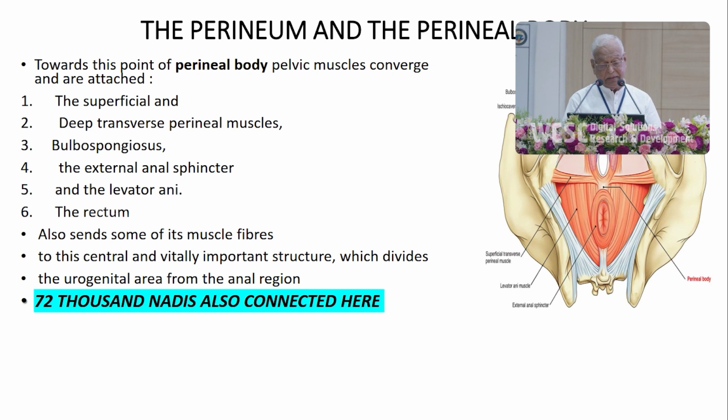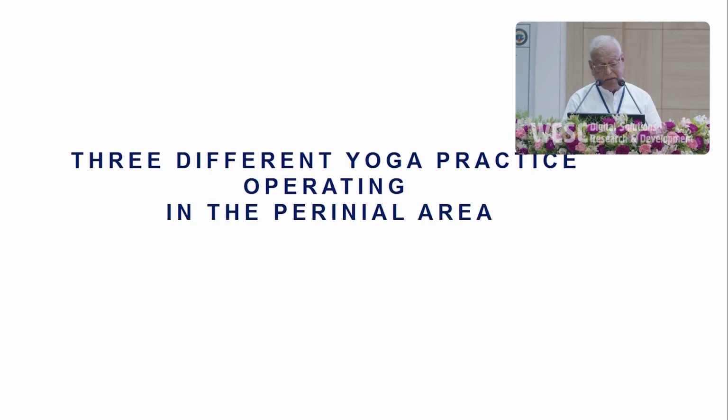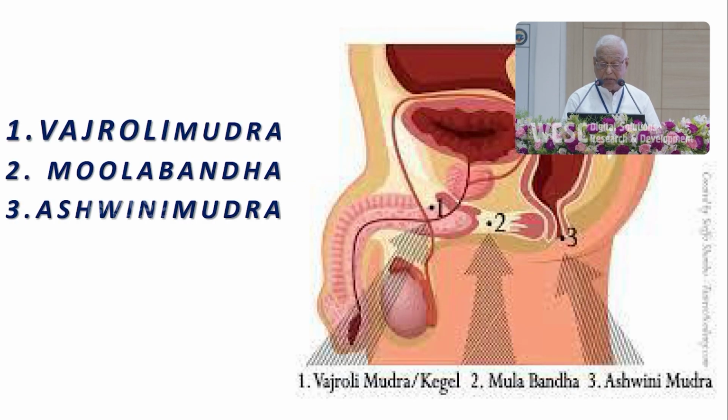In this Kundi we have three openings: the urethral opening, the vaginal opening and the anal opening. There are three yogic practices. One is Vajroli Mudra. In the middle, where the vaginal opening is, it is connected with the genetic center that corresponds to the prostate in the male and the cervix in the female, and this corresponds to Mulabandha.